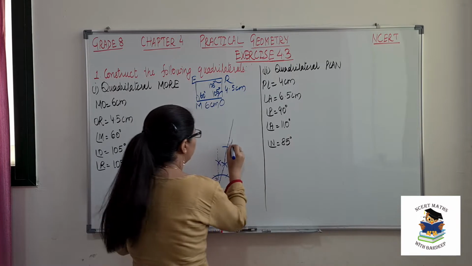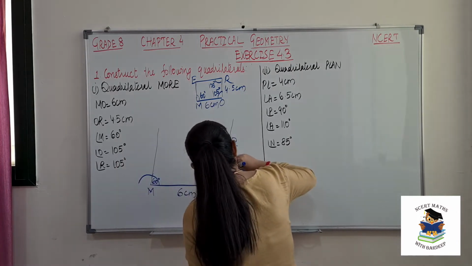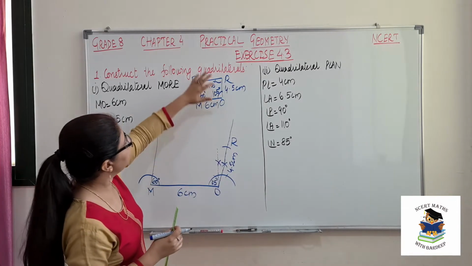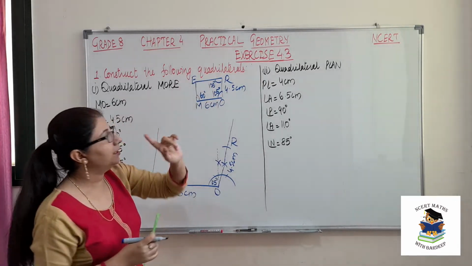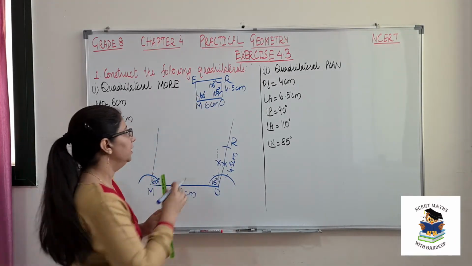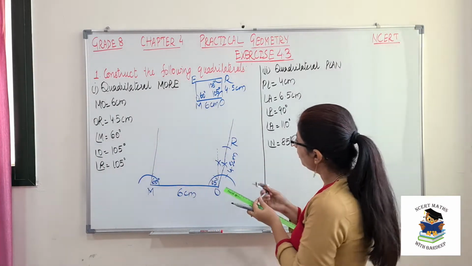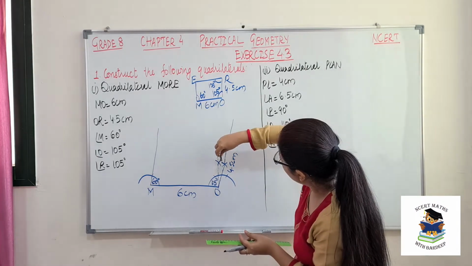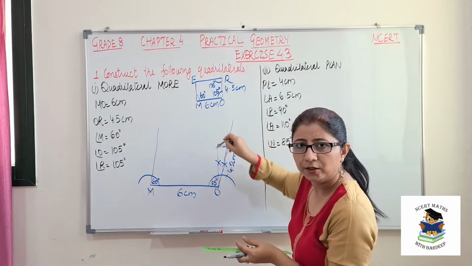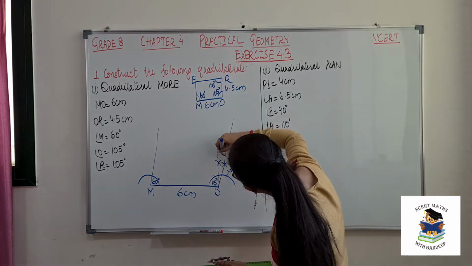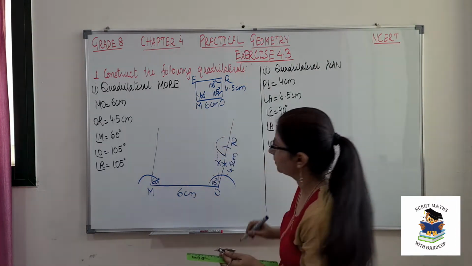This vertex is R and the distance is 4.5 centimeter. Now on R I need 105 degree. Keep your compass here, and make an arc on this side. When you do it, it will be something like this.